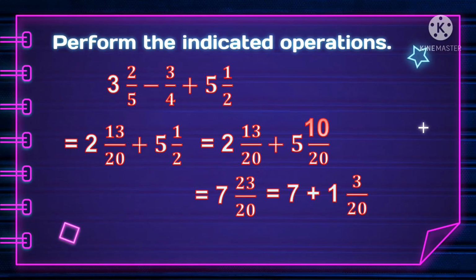So, magiging 7 plus may isang buo tayong nakuha plus yung natira na 3 at yung denominator natin na 20. So, pagsamahin natin, 7 plus 1 ay 8 and copy yung ating proper fraction na 3 over 20. So, 8 and 3 over 20. So, this is now the final answer for 3 and 2/5 minus 3/4 plus 5 and 1/2.